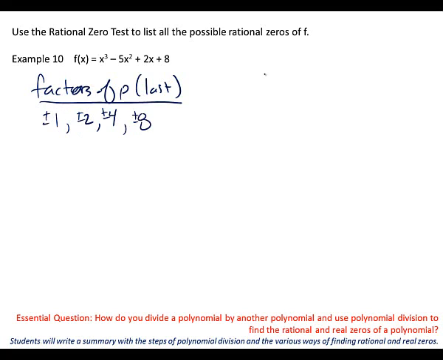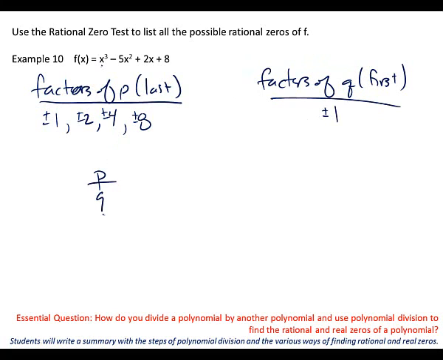Now I want to look at the factors of q, which is the first term. So q is the first coefficient. What's my first coefficient? 1. So what are its factors? Plus or minus 1, right? Okay. So now I have to figure out what are all the possible rational zeros. So I take p and I divide it by q.